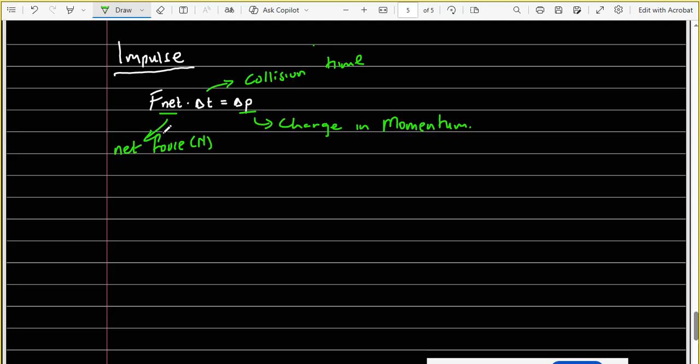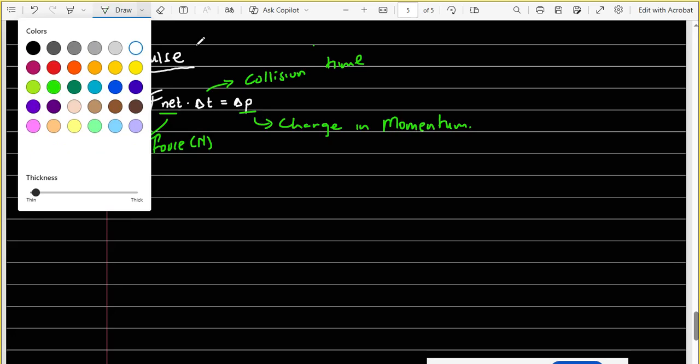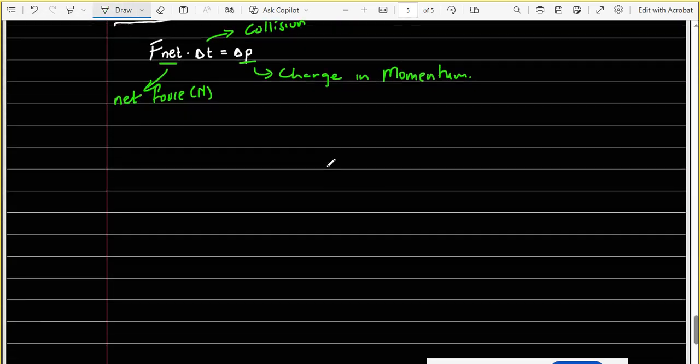Okay, before we go into past papers, there's a formula that we're going to use multiple times. We call this the conservation of linear momentum.